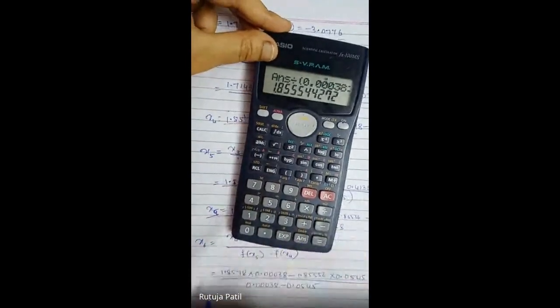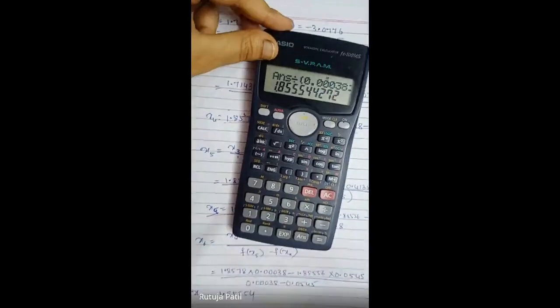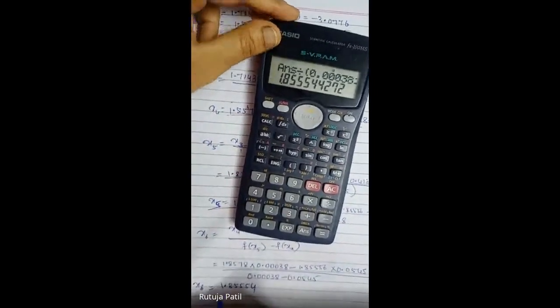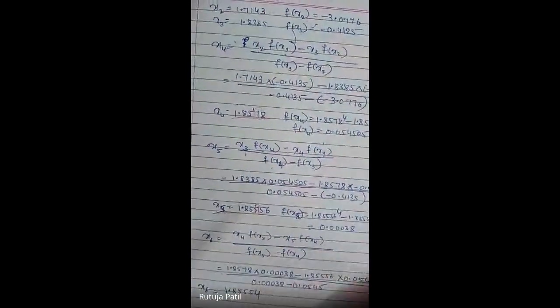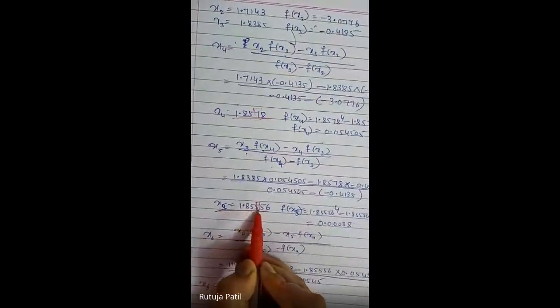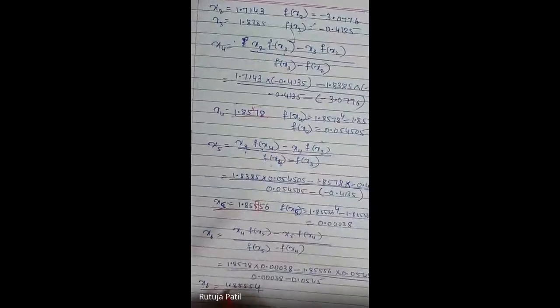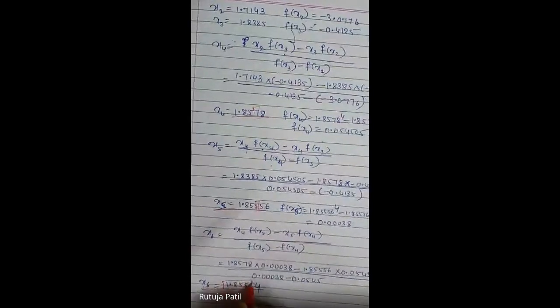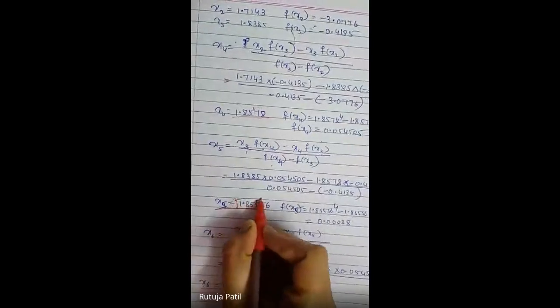So now x6 value how much we got is 1.85554. Okay, so no need to find the f of x6 now. Why no need to find? You can see here x5 we have 1.8555 something. So x6 is 1.8555. So after the decimal point, three digits are same.